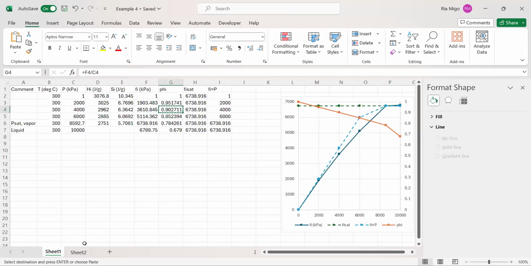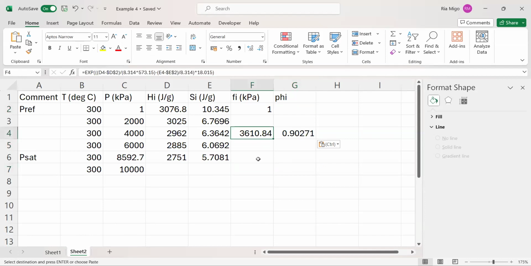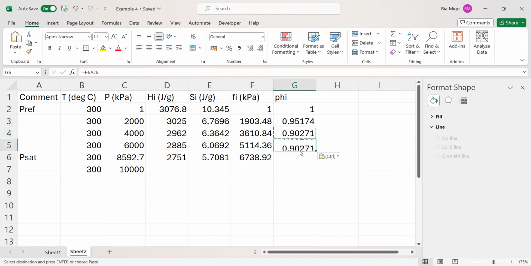In our calculation it's 3,611 because we rounded off, but in Excel, when I inputted the formula, it's just rounded off to 2 decimal places. So I just simply need to copy paste that to the other pressures. Automatically, the formula will apply at the different pressures. So please practice your Excel skills.